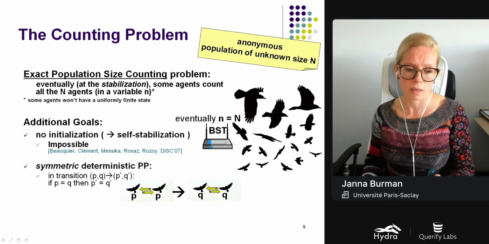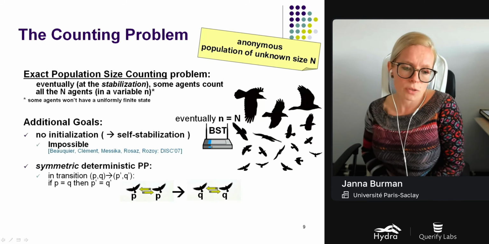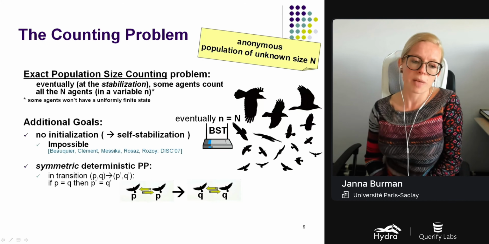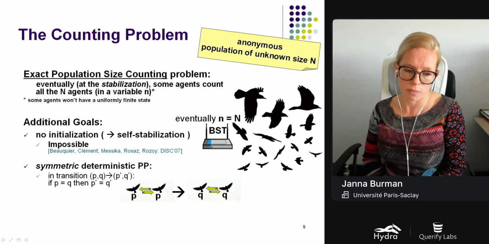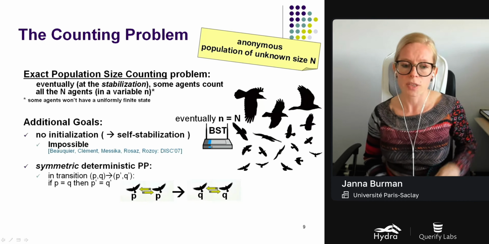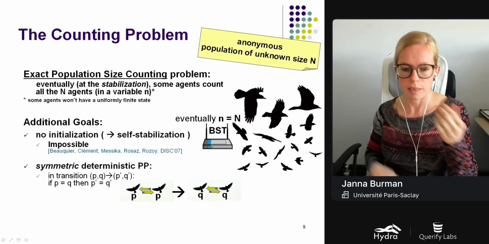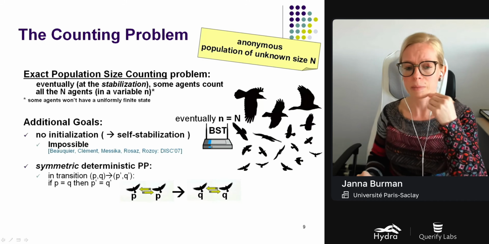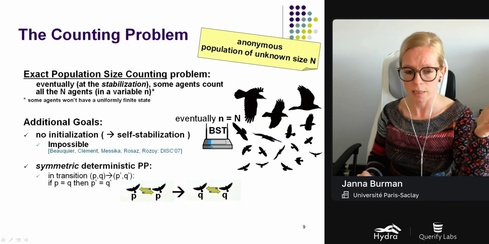Another goal is that we would like to design symmetric and deterministic population protocols. Symmetric, I already spoke about that. This is more general, of course, than asymmetric.